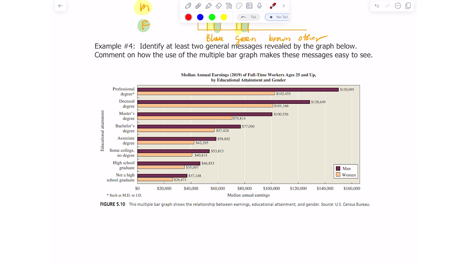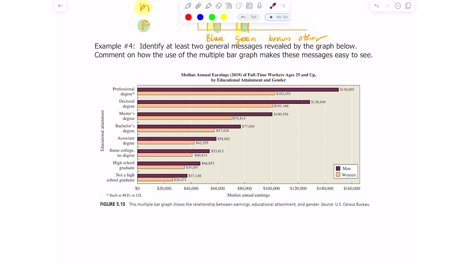So in other words, right here, if someone was not a high school graduate, if they were a man, they made $37,148 median salary. So median means the middle number. So that means 50% of guys that didn't graduate high school made $37,148 or more, and then 50% made less than that.